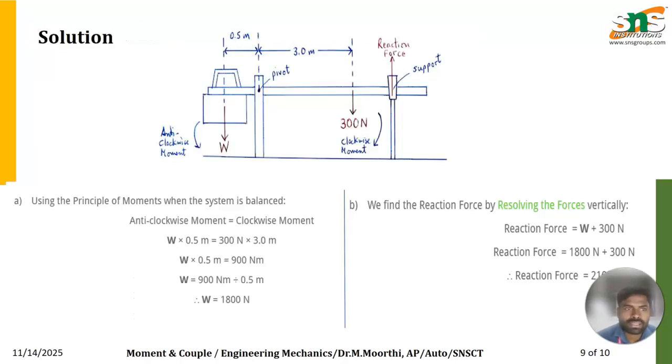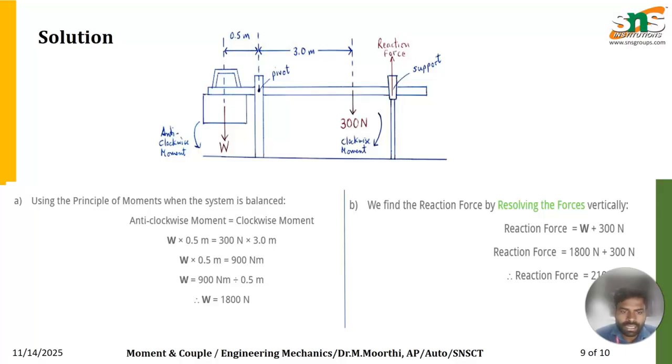And this is the application from the previous slide, where we calculate the moment on either side, so that the clockwise moment is equal to the anti-clockwise moment. On the left side, the distance of the self weight is 0.5, and on the right side, we have a 300 Newton force acting at a distance of 3 meters from the pivotal point.